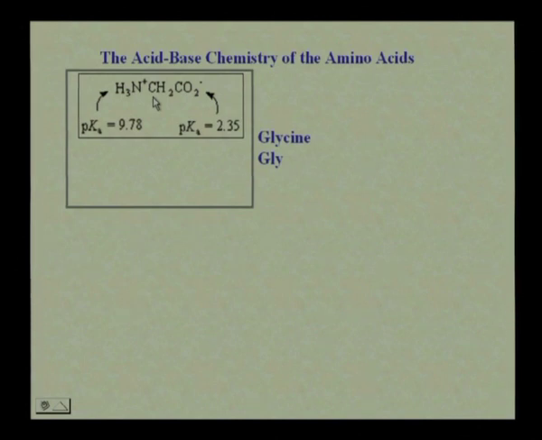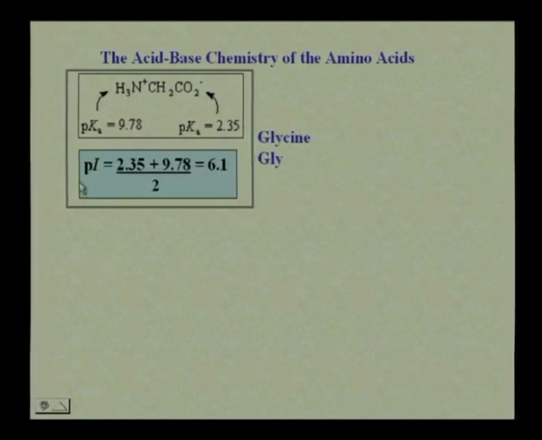Now, this is zero charge, right, because it has reached the point where it has lost the carboxylic H plus, the proton belonging to the COOH, and it is yet to lose its proton that is attached to the amino group of the amino acid.